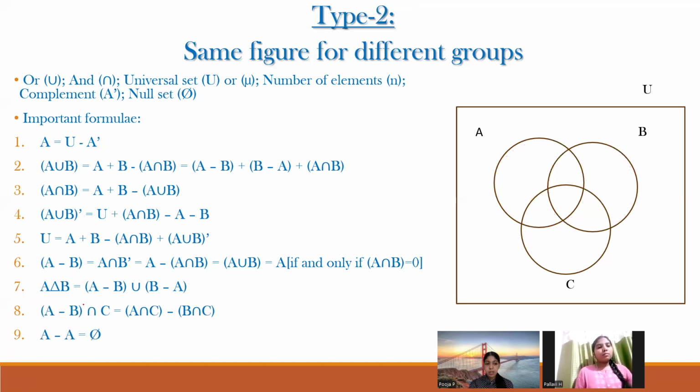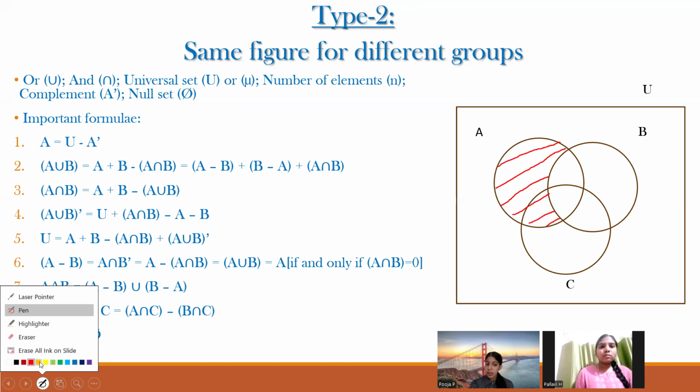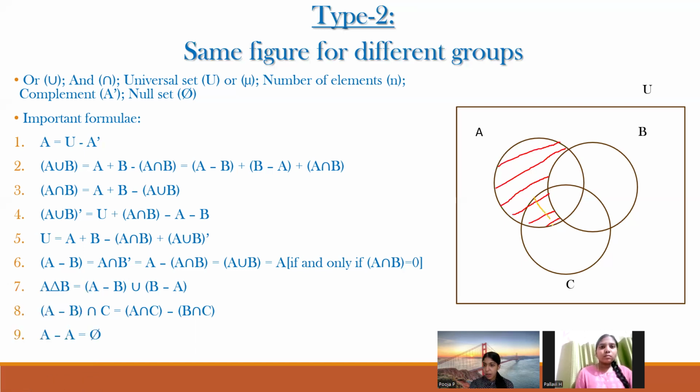The next thing is A difference B intersection C. A difference B means it only belongs to A, but should not belong to B, and that intersection C, so wherever that collides with C. This is A difference B, and you need only A intersection C, the one which intersects with C. Where A meets C is only this.